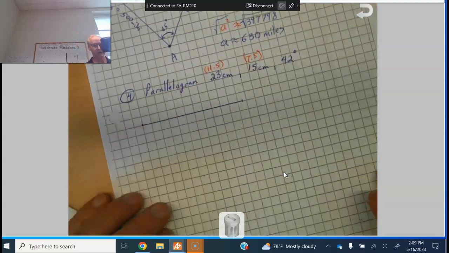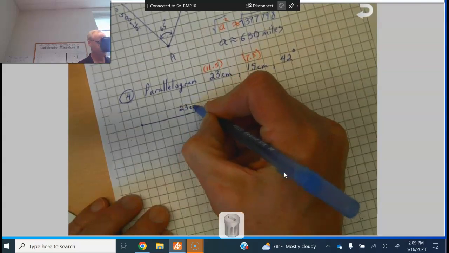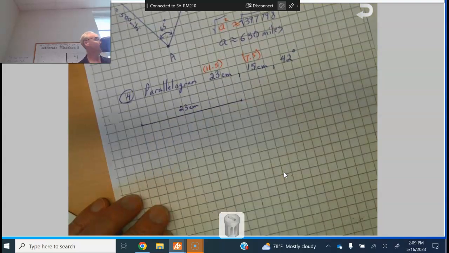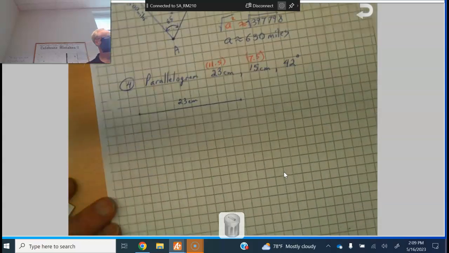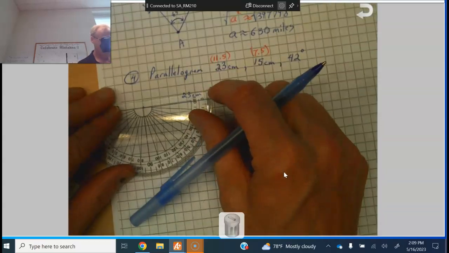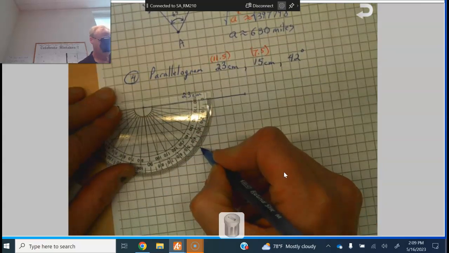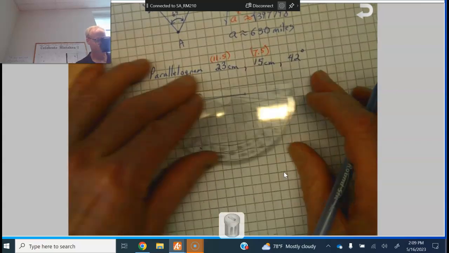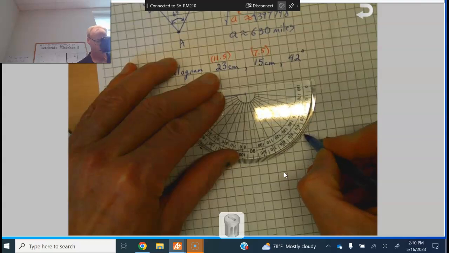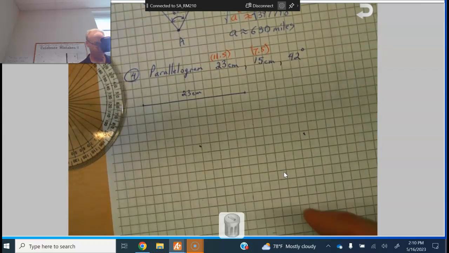And I want a parallelogram. This is going to represent 23 centimeters. Remember, each one of these is 2 centimeters. Now I'm going to do 42 degrees from here, which is right about there. And I'm also going to do 42 degrees from here. It's right about here. And I want to make it 7.5 long.